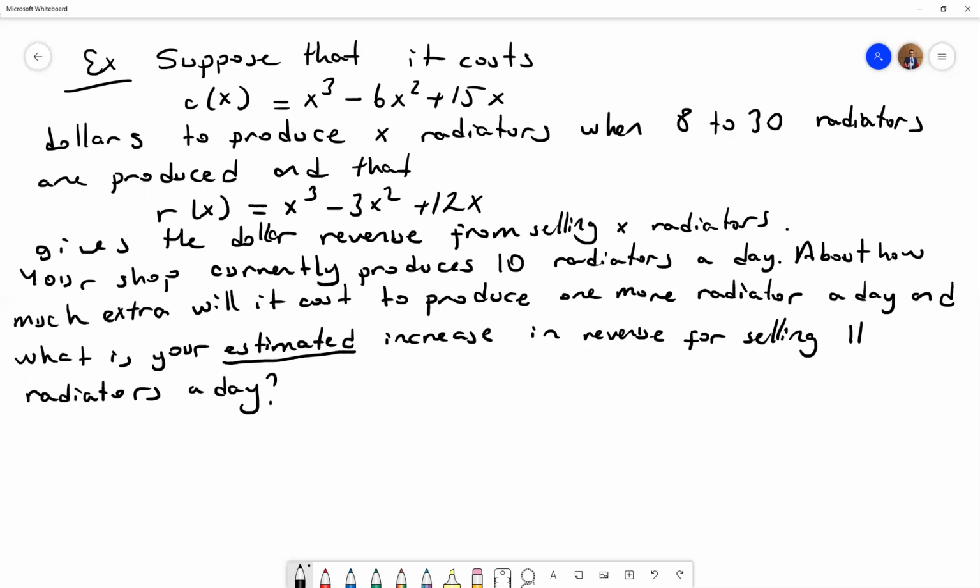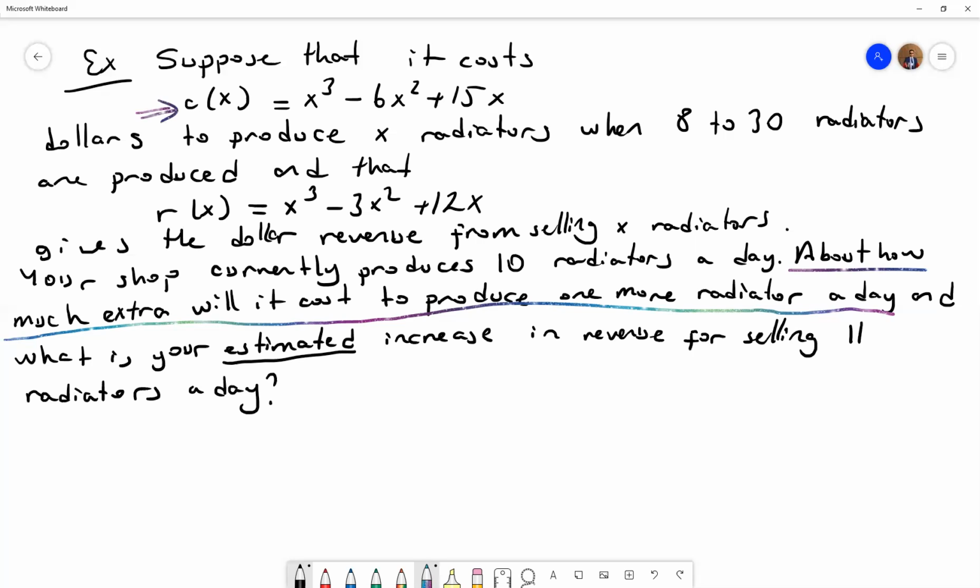Now this is in fact an easy one, but this is about our subject. And the first question is about how much extra will it cost to produce one more radiator a day. This one is about total cost.